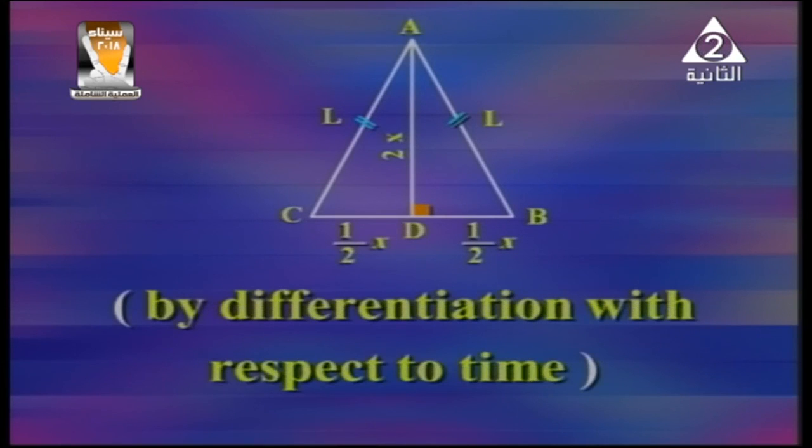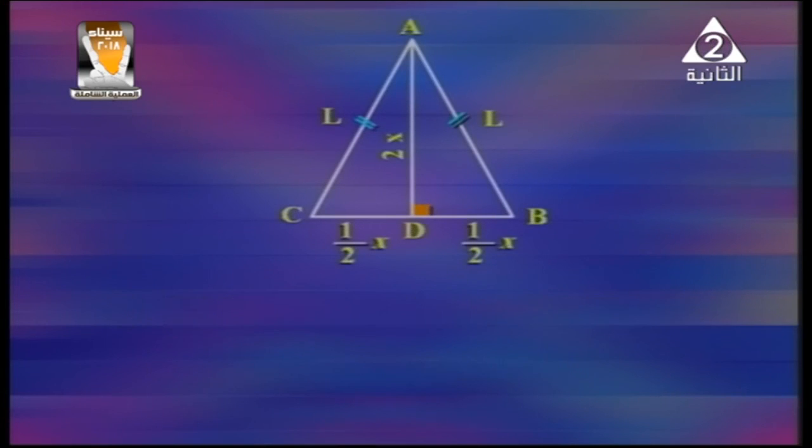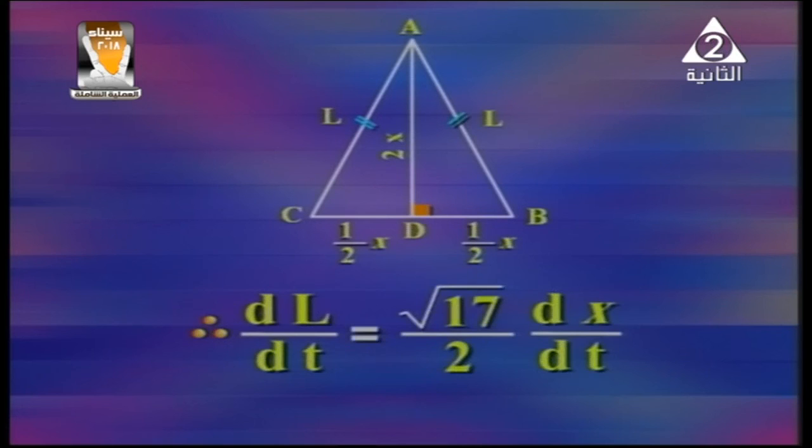By differentiation of each side with respect to time t, dL over dt equals root 17 over 2 times dx over dt. Remember, dear student, dL over dt is the change of L with respect to time t, and dx over dt means the change of the base BC, or x, with respect to time t.